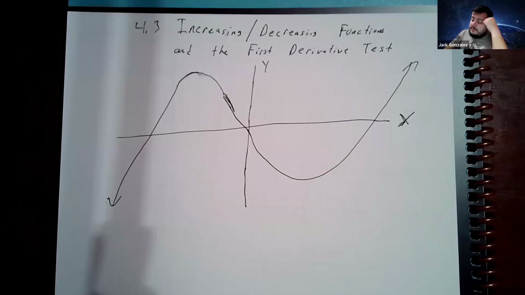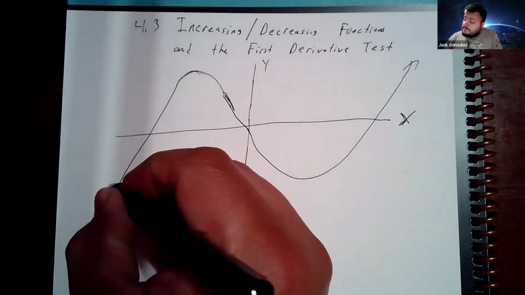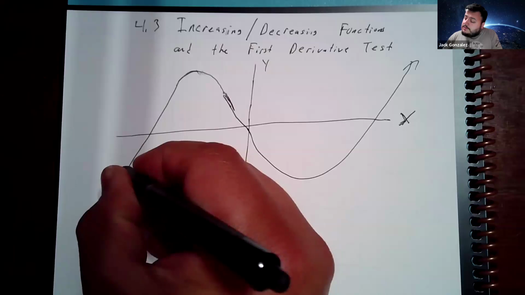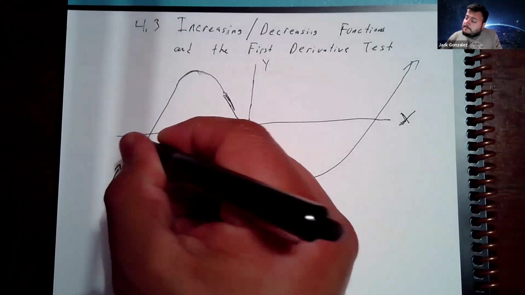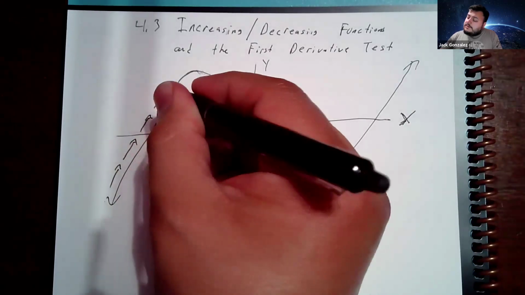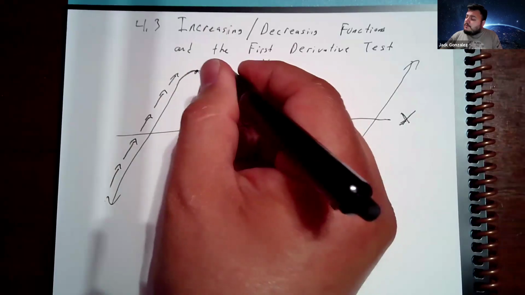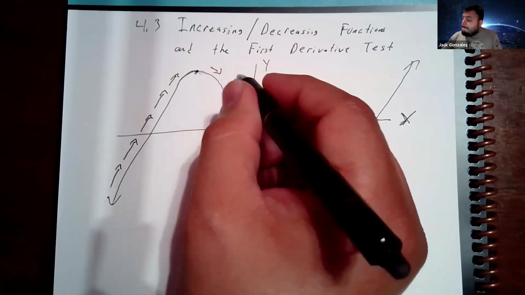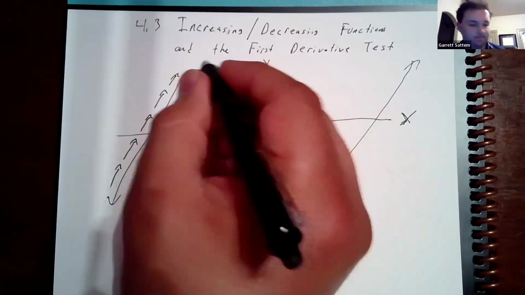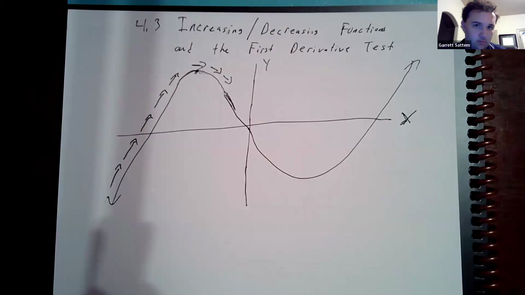So we talked about this last time. If you remember your college algebra, looking at a two-dimensional graph from left to right, you can tell where it's increasing and where it begins to decrease, right? Right here we have a slope of 0.